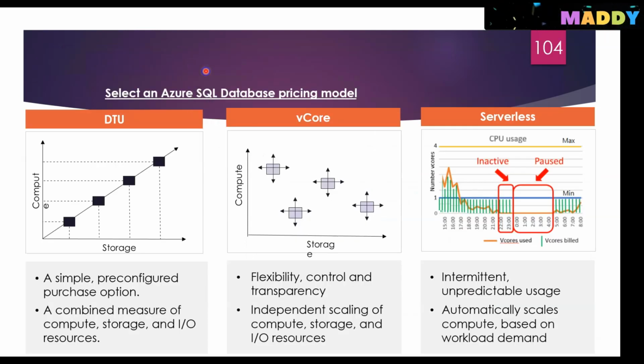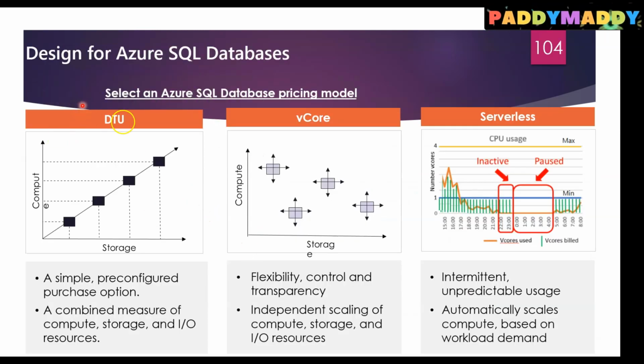If I put the same presentation another way, you could see here DTU versus vCores in the serverless. It's very simple in a DTU, which talks about a simple pre-configured purchase option. Whereas here with vCores it's the flexibility you have with control and transparency. And when I say transparency, it's based on the core, that's why you have transparency.